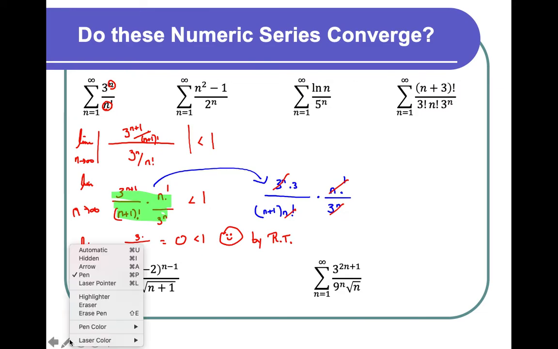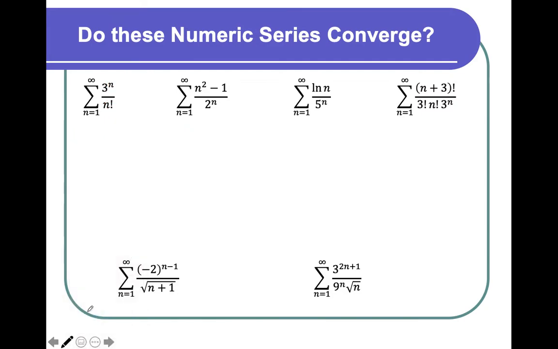Let's do another one. So I'm going to do the second one. So I'm going to set up a limit. And again, I thought to do the ratio test because I see powers and exponentials. I'm going to put n plus 1 into here and n plus 1 into here.